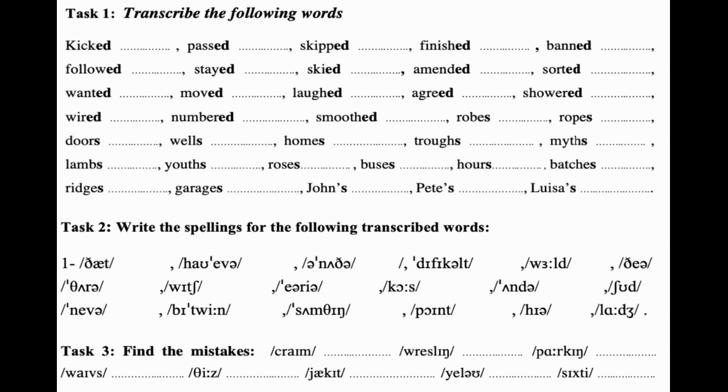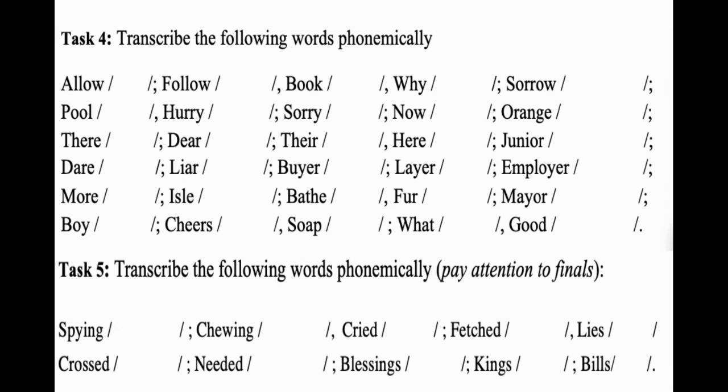Find the mistakes in the transcription of the following words: crime, wrestling, parking, etc. Task number 4. Transcribe the following words: allow, follow, book, why, sorrow, etc. Task 5. Transcribe the following words phonemically. Pay attention to word finals: spying, chewing, cried, fetched, lies, etc.